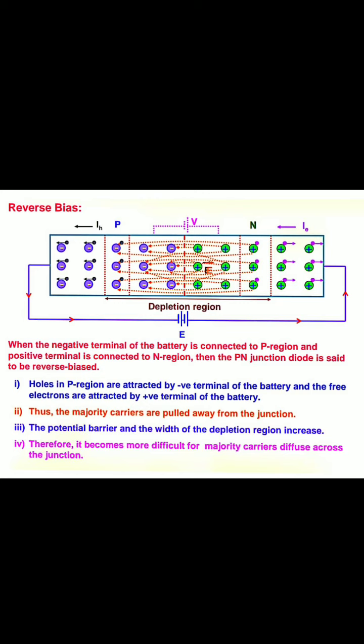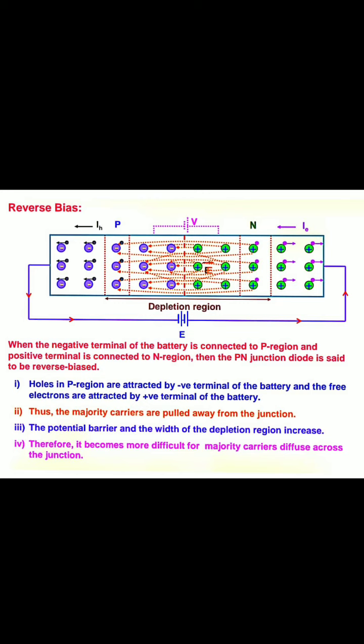Minority carriers are present in a very small amount on both sides. That's why the current in reverse bias is very small compared to forward bias, where the majority carriers are more.